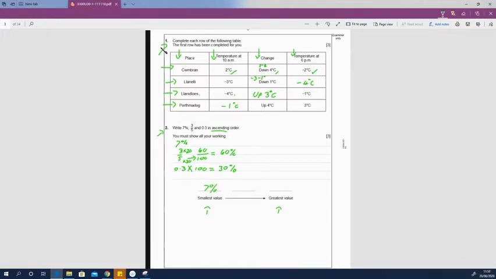The next smallest is 30%, which I could write here, but it's better to write the original number 0.3. And then the greatest value is 60%, which of course is 3 over 5.